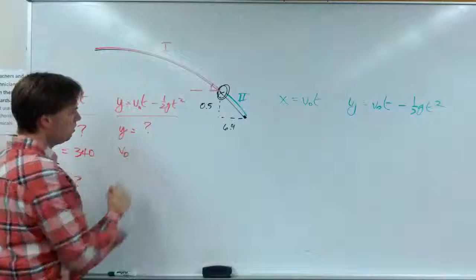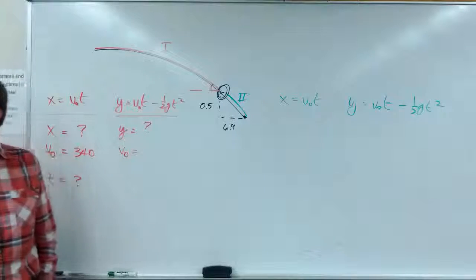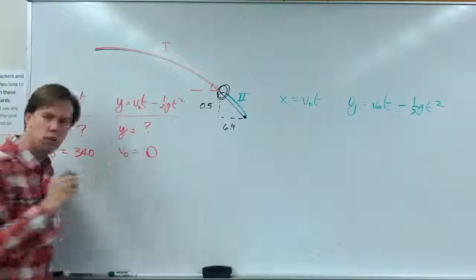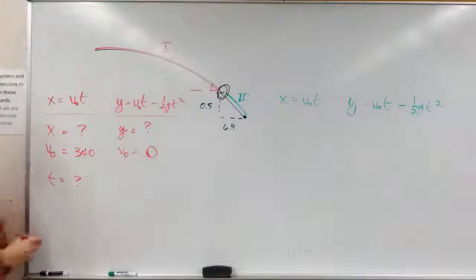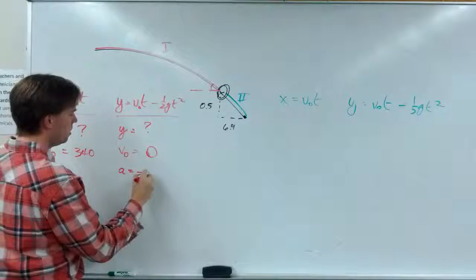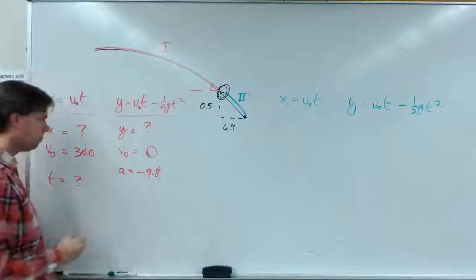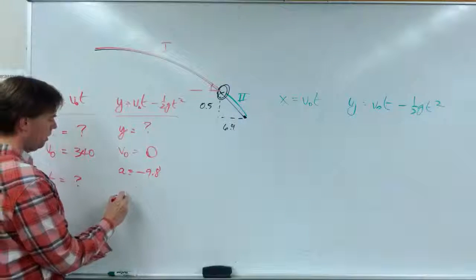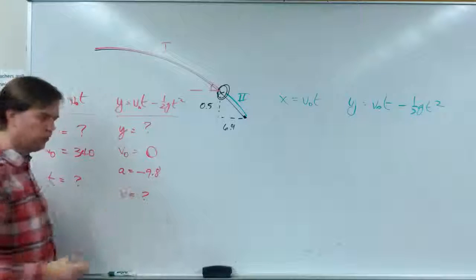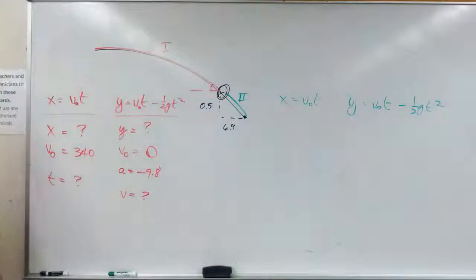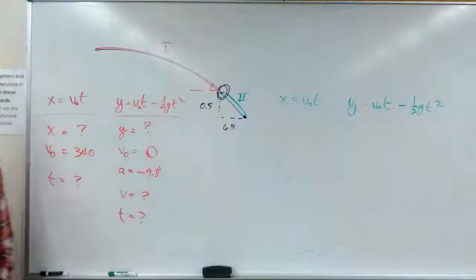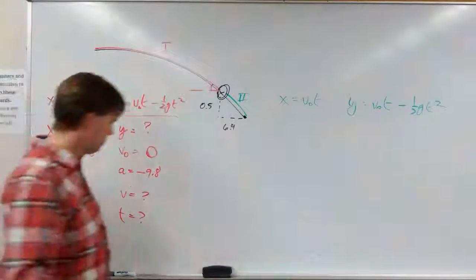All right, what about the initial velocity in the y direction? Do I know that? Yes, it's 0. Acceleration is negative 9.8. And the final velocity, don't know that. Dang it.